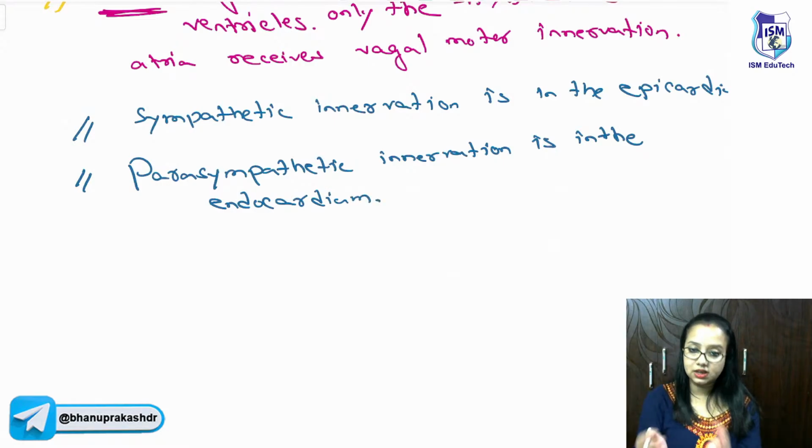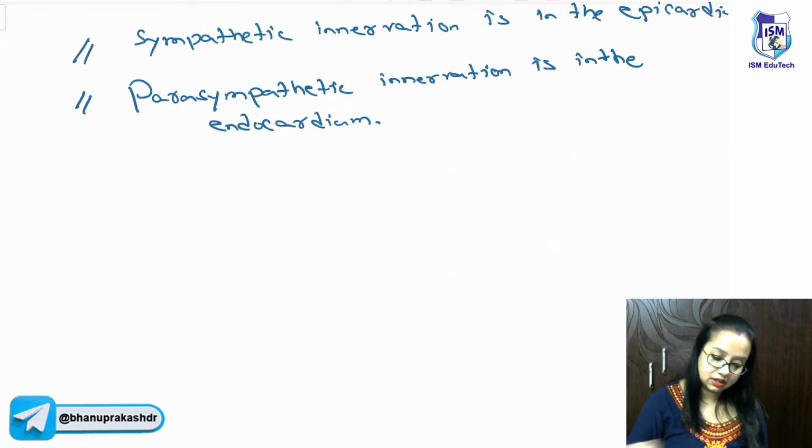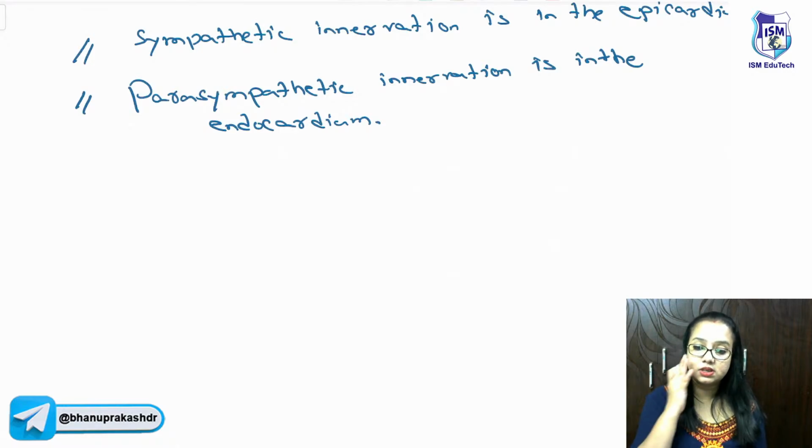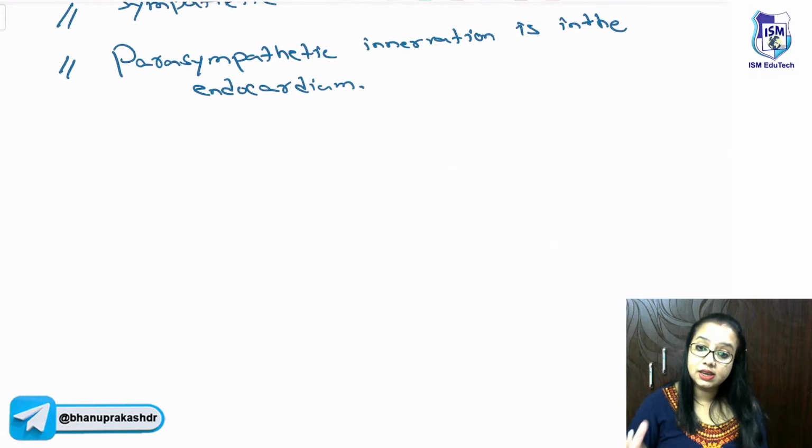Means the innermost layer receives the parasympathetic branch and the outermost layer receives the sympathetic branch.